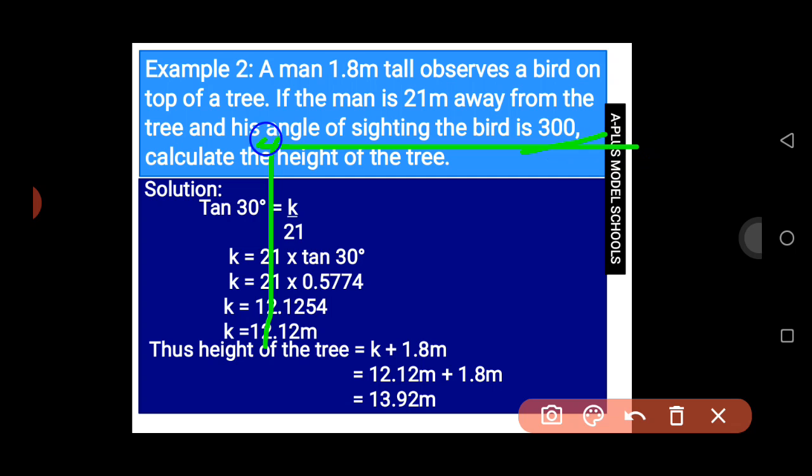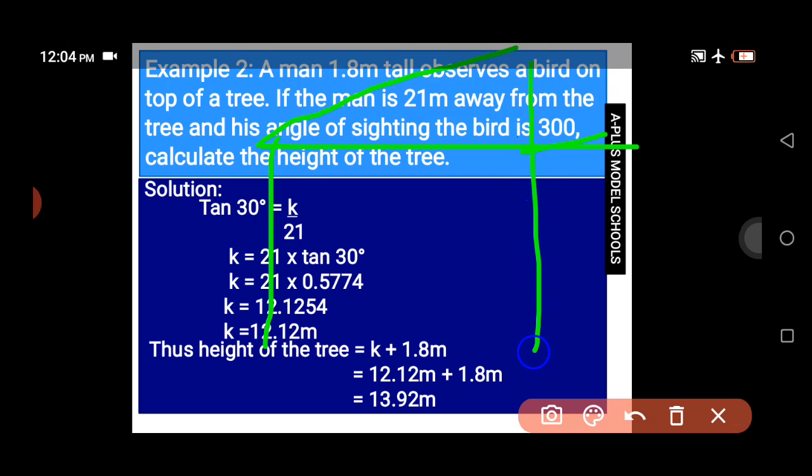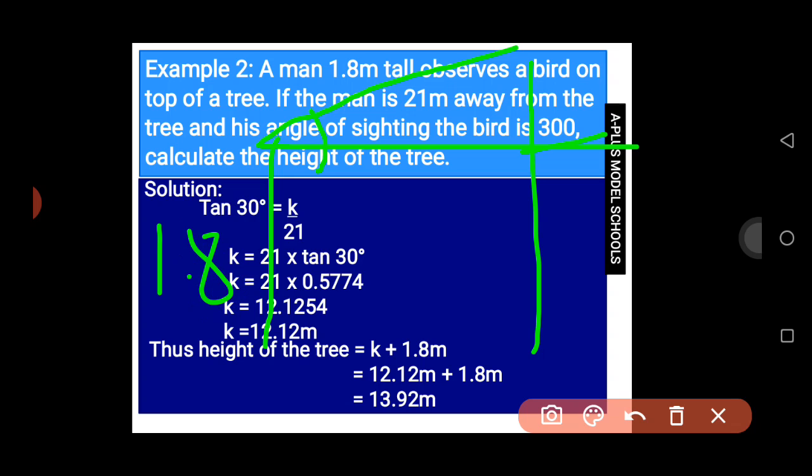The man observes a bird at the tree, so this is the angle of elevation of the man, which is 30 degrees. Don't forget the man is 1.8 meters tall, and he is 21 meters away from the tree. So the distance between the man and the bottom of the tree is 21.